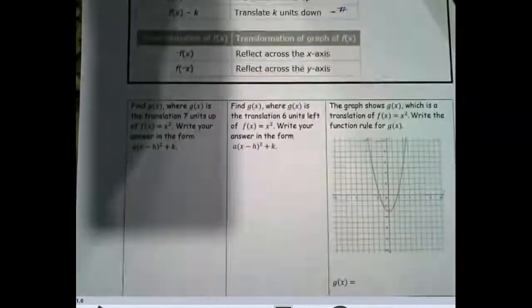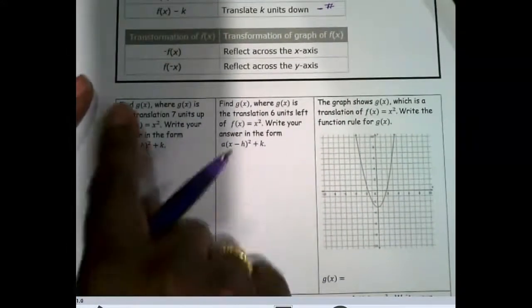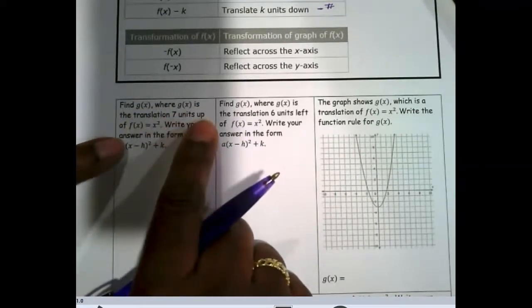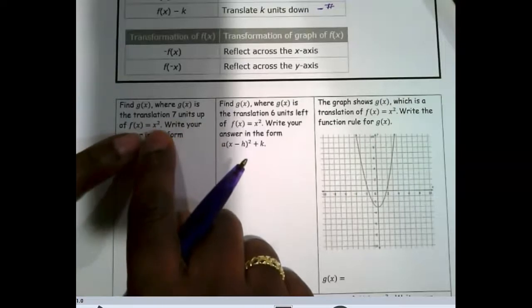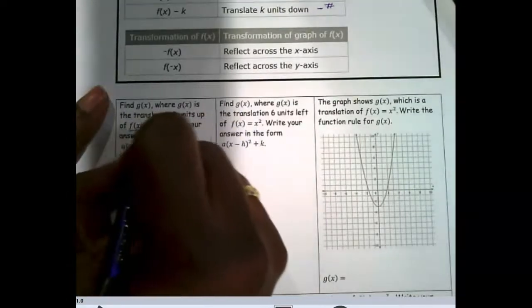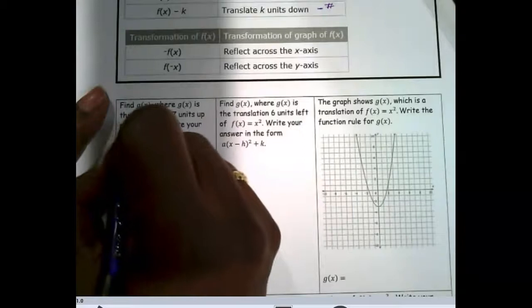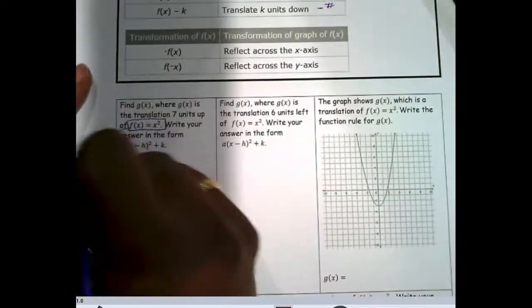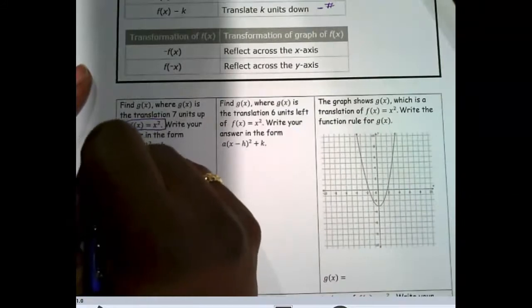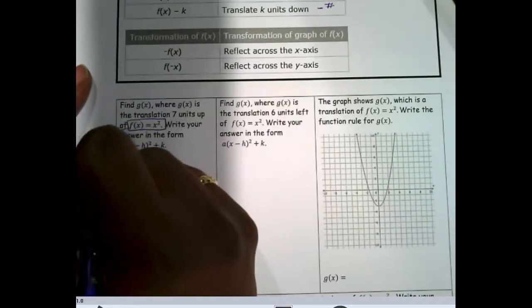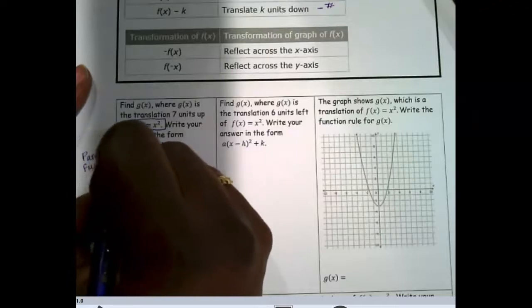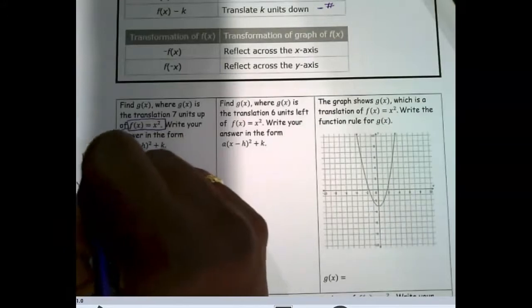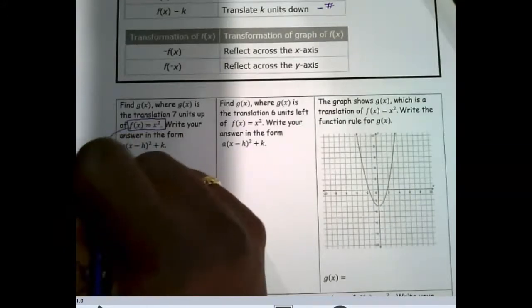So let's go ahead and take a look at this. Find g of x, where g of x is the translation 7 units up of f of x equals x squared. So this f of x equals x squared is your parent function. And parent functions always go through 0, 0. So the vertex is always 0, 0 of a parent function.